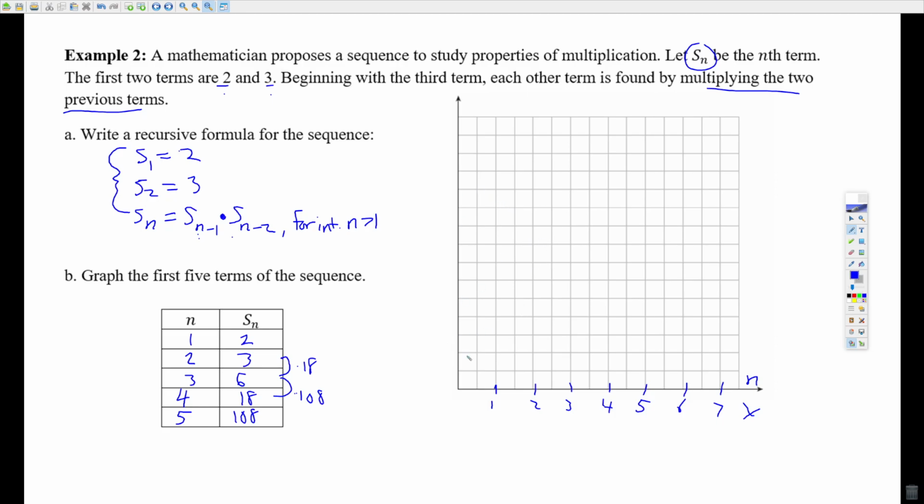Then on here, I think we have enough. We need to get up to 108. Let's just go by tens: 10, 20, 30, 40, 50, 60, 70, 80, 90, 100. We know we're going to have to get up to 108, so this would be 110.